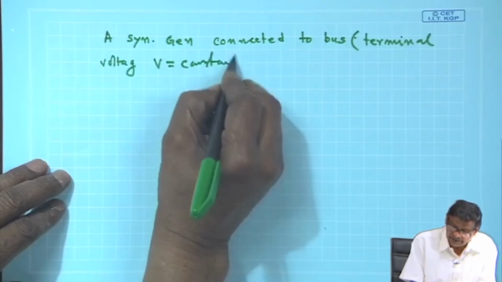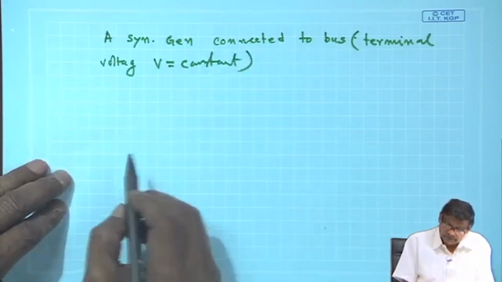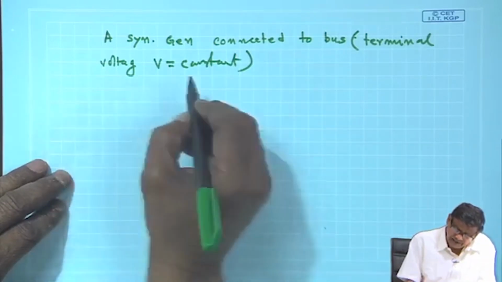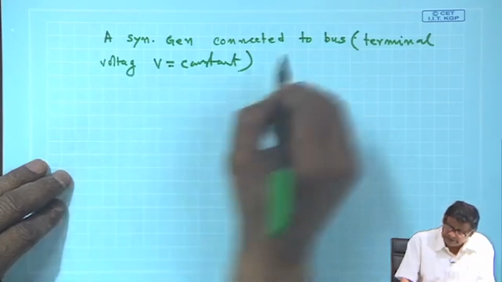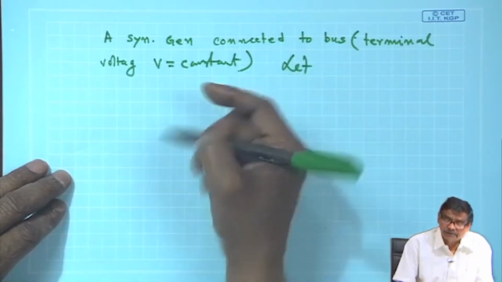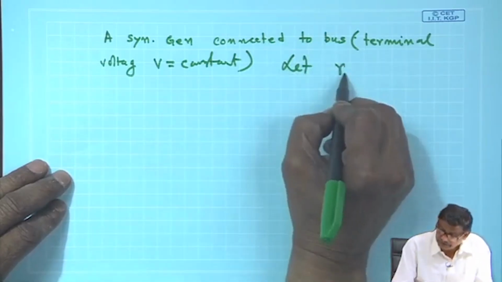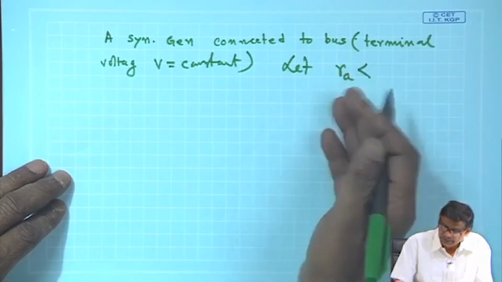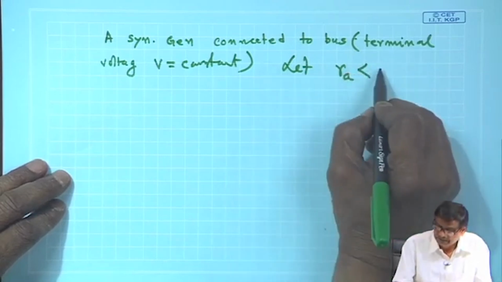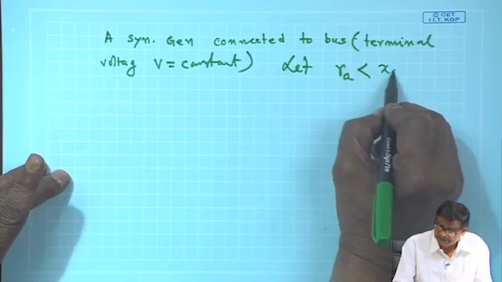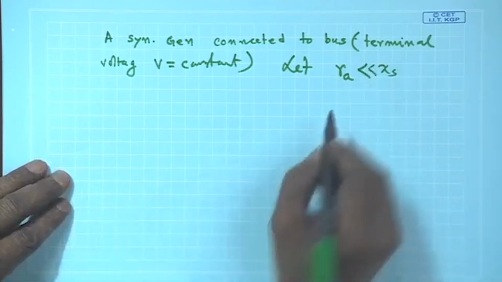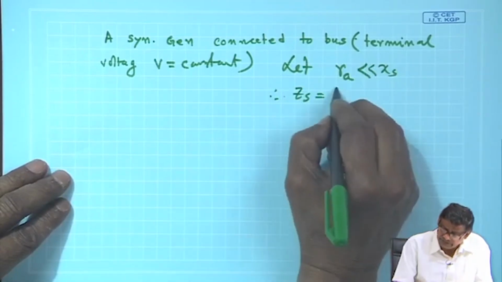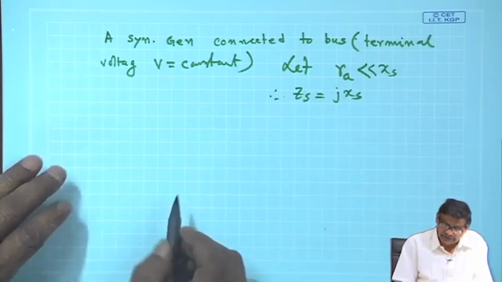I cannot change that. For simple understanding of the phenomena that I am going to discuss, it will be much easier because after all RA is very small compared to XS. Therefore, ZS is equal to only jXS, a pure reactance.